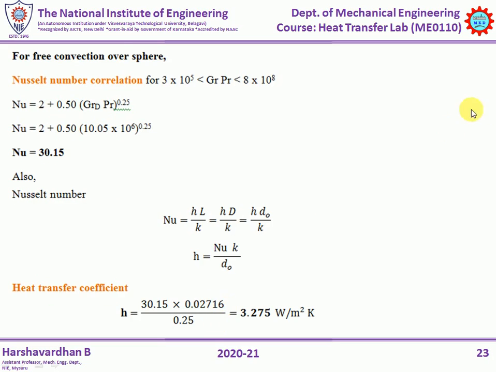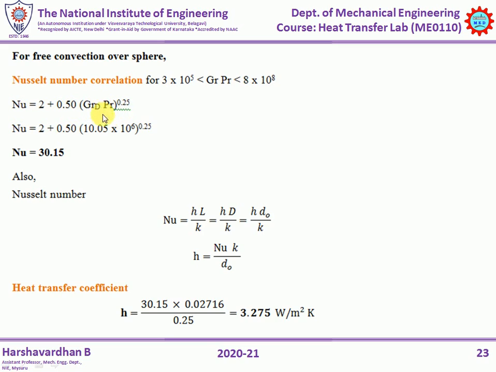Based on this product of Gr and Pr, our calculated Gr Pr is in between 3 into 10 power of 5 and 8 into 10 power of 8. So for this range of Gr Pr, we can take the Nusselt number correlation from the thermal data handbook, which is Nusselt number equal to 2 plus 0.5 times (Gr Pr) to the power of 0.25.